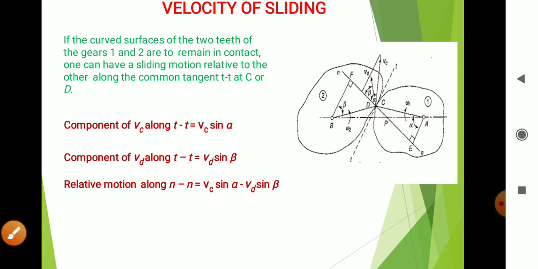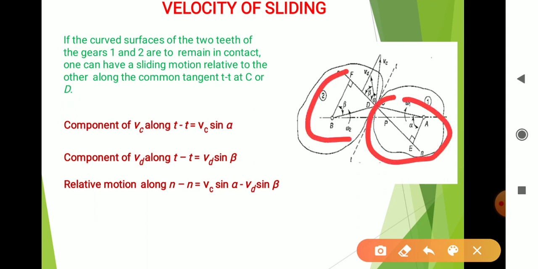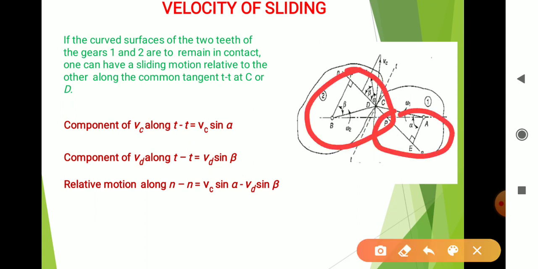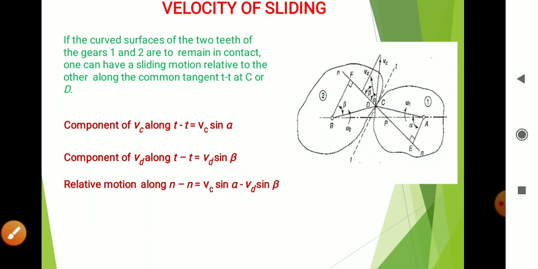Okay, so see here, similar triangles will be there. If we take this and this, both are similar triangles. Okay, again if we see this triangle and this, both are again similar triangles. Okay, we know that VC is equal to omega 1 into AC and VD is equal to omega 2 into BD.